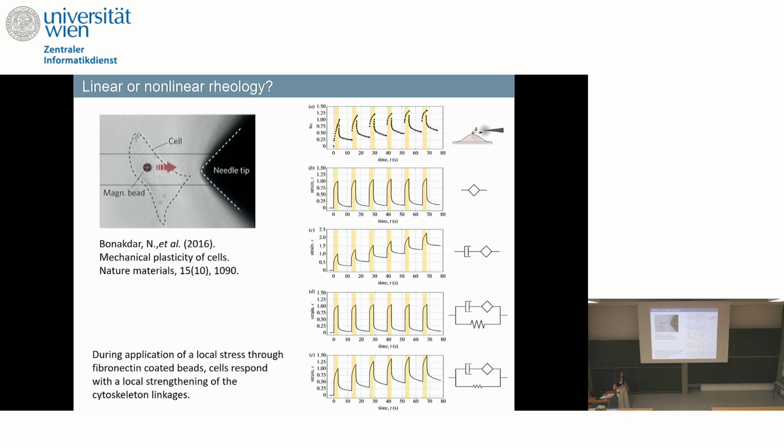We did revisit this analysis with the spring pot in mind. And in the literature, we found that when you apply a local stress to fibronectin-coated beads, what the cells do is that they reinforce the response locally. So from the previous analysis of the monolayer, we did attribute the spring in parallel to the cell contractility. But if you're just applying it locally, you don't see the cell contractility fully. So we were expecting not to have the spring in parallel.